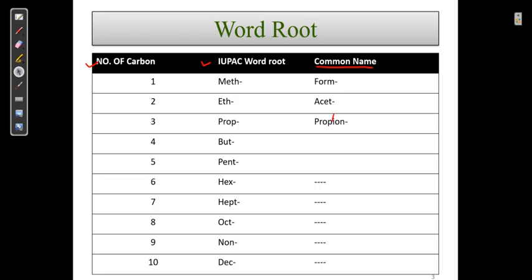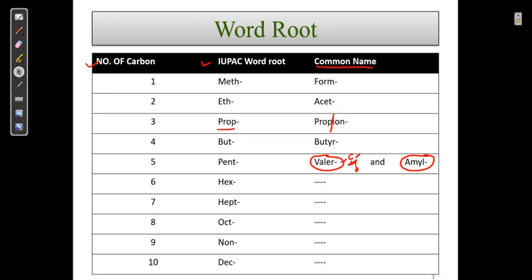This is prop. Then butyr. Then there are 2 possibilities, one is valer and another is amyl. So a carbonyl-containing compound is known as valer and the remaining are known as amyl. That is the word root. The story of the word root is over.